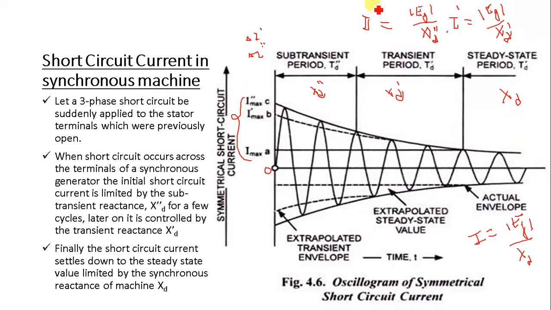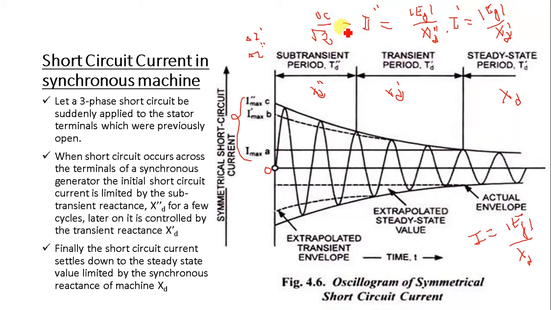If this is the peak value, then to find the RMS value, I double dash is nothing but OC by root 2.